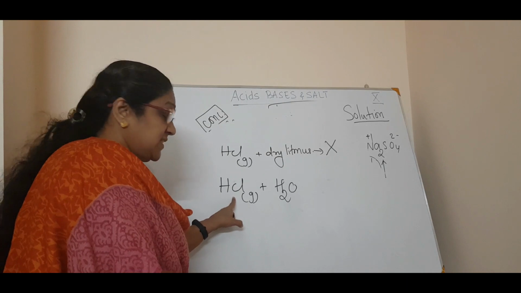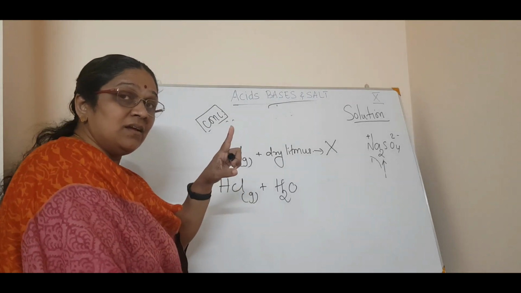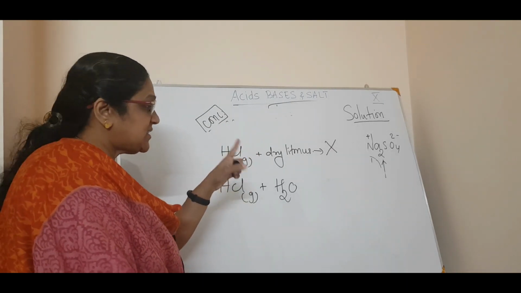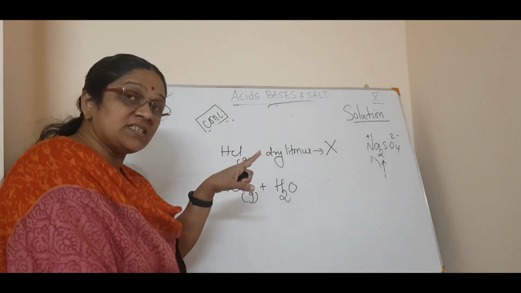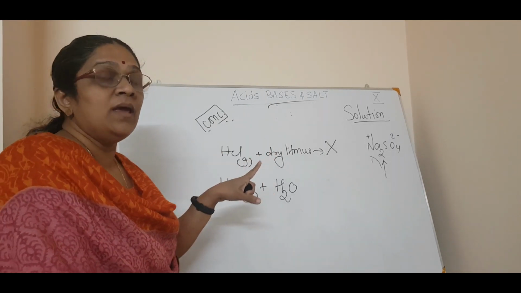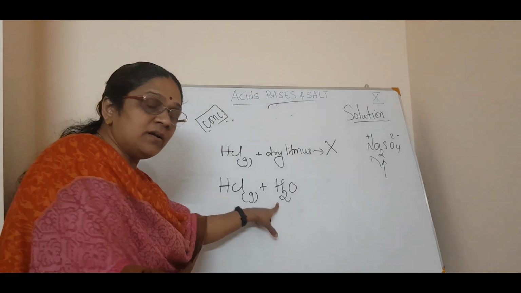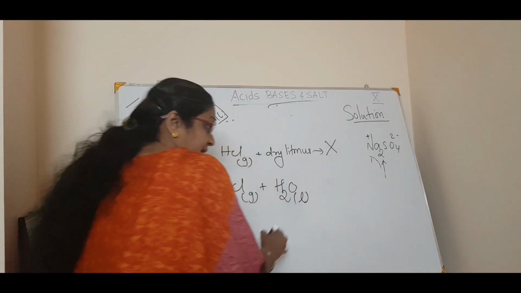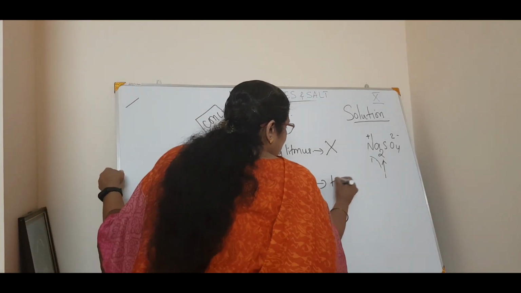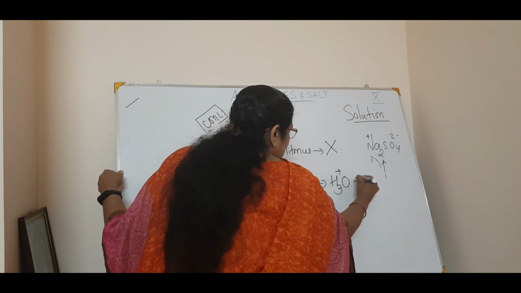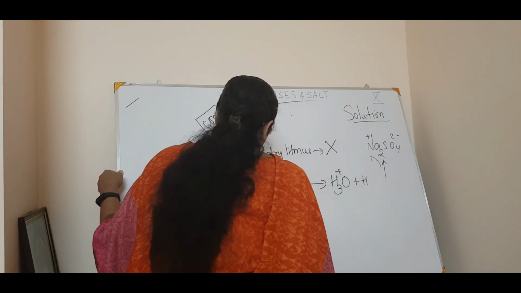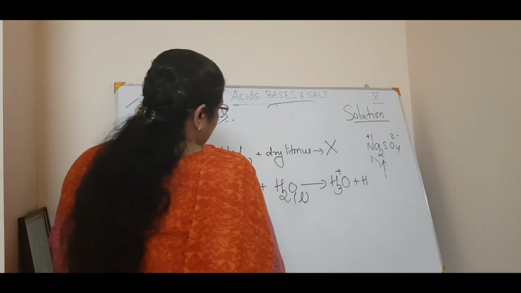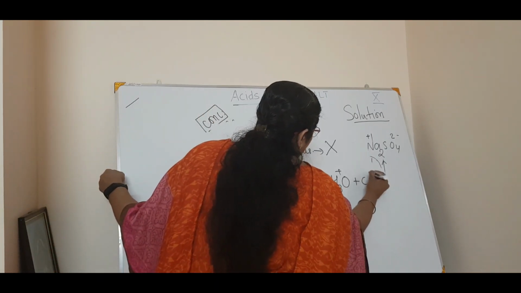The HCl gas which is produced in the delivery tube, when a moist blue litmus paper is shown, reacts with the water. That means water is a liquid, correct? Liquid to form, what is it? H3O positive plus Cl minus.